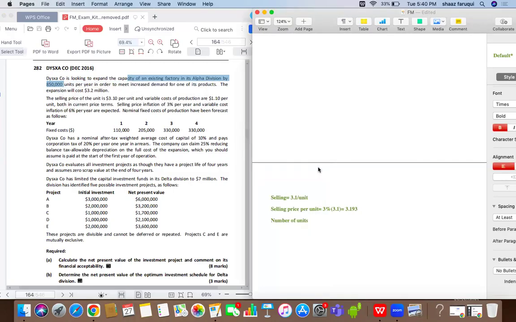So the number of units sold will be 850,000. So 3.193 into 850,000. How much will be the sales or the revenue in a year's time?